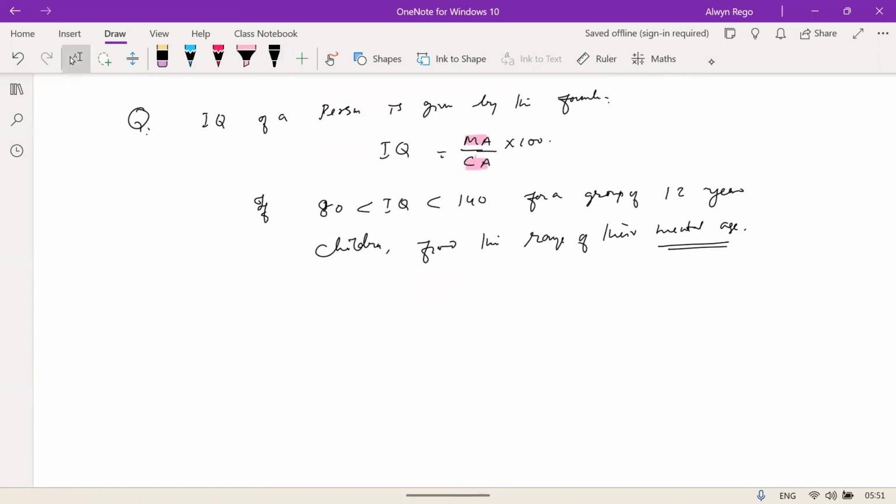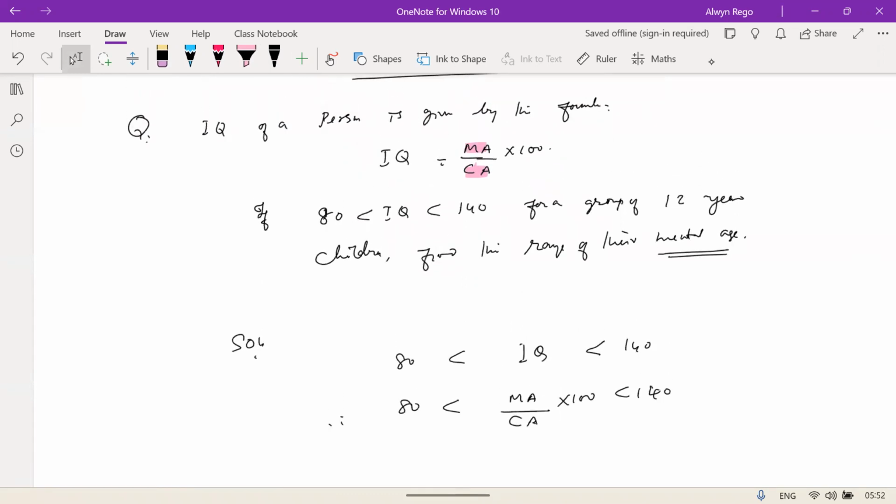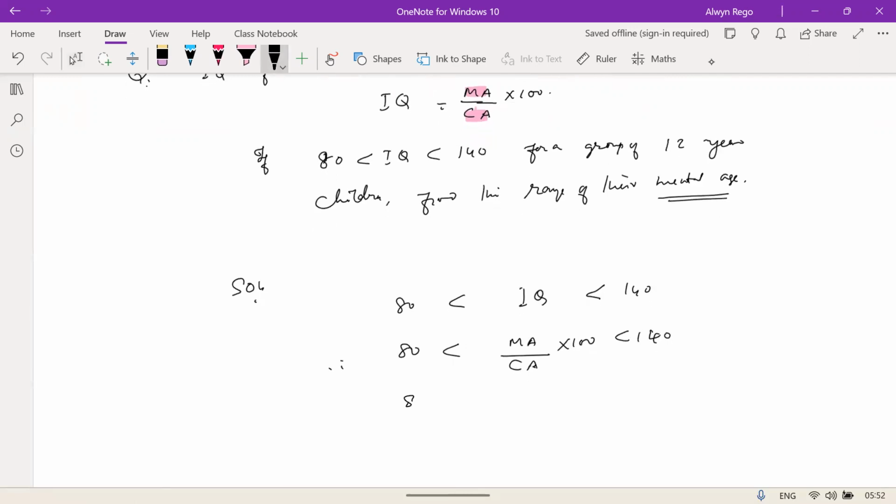So I can say that the IQ is between 80 and 140. Therefore, mental age by chronological age multiplied by 100 is less than 140 and more than 80. They've given us the age of the children, that's the chronological age. Therefore, I can say 80 is less than mental age divided by 12 multiplied by 100, which is less than 140.